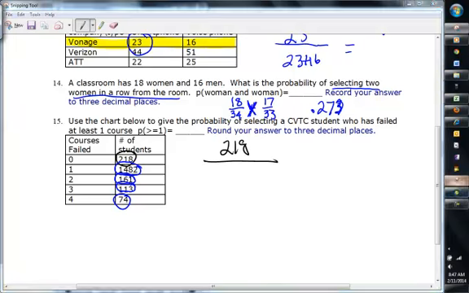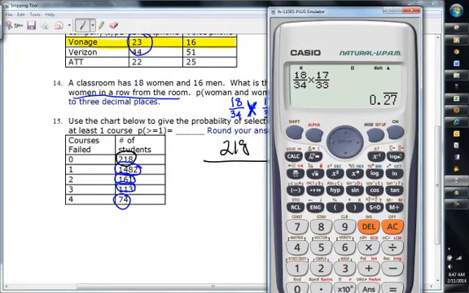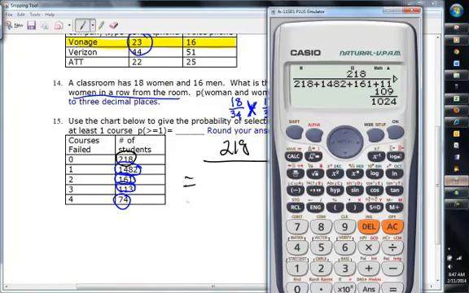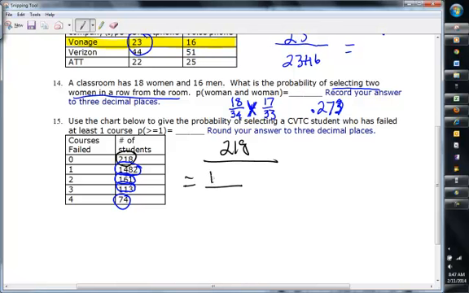So on our calculator, we would say the fraction is 218 over 218 plus 1482 plus 161 plus 113 plus 74, which is 109 out of 1024.